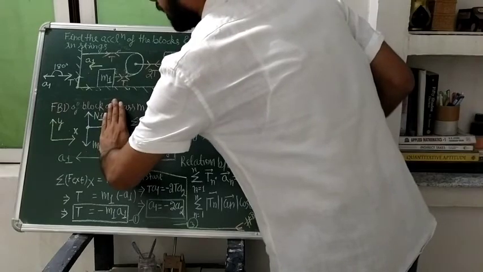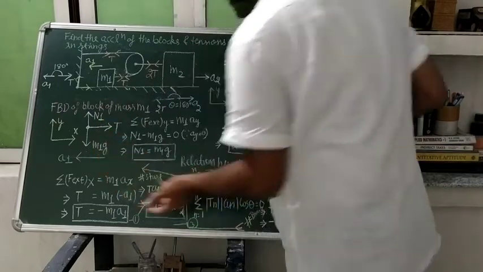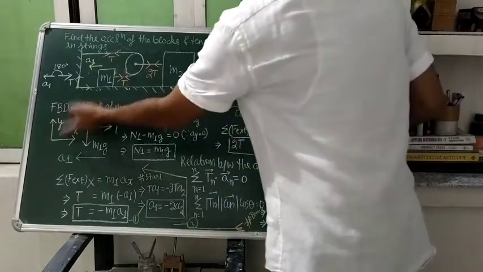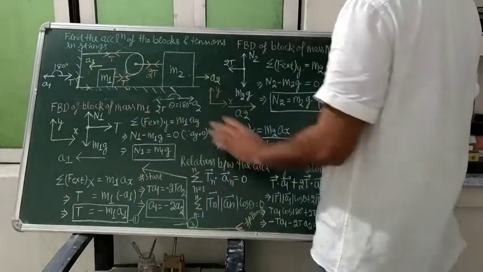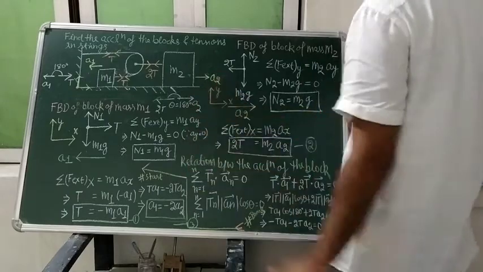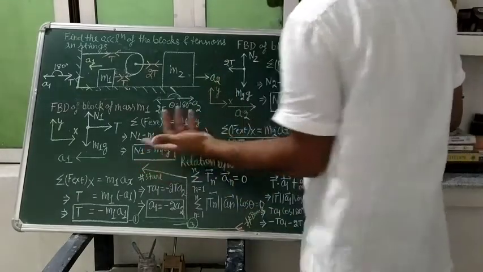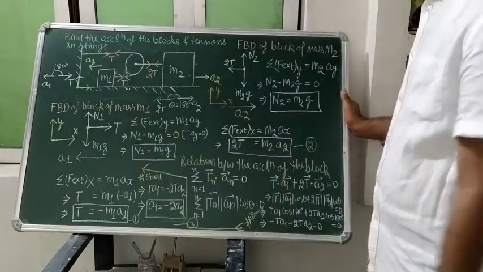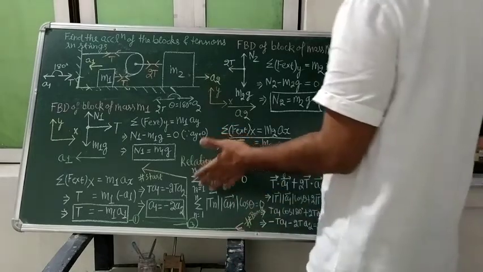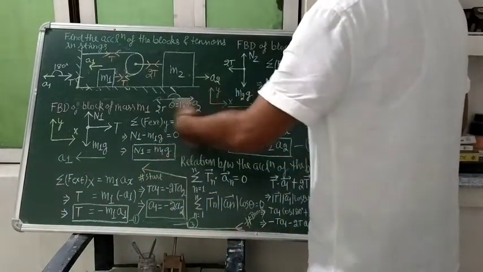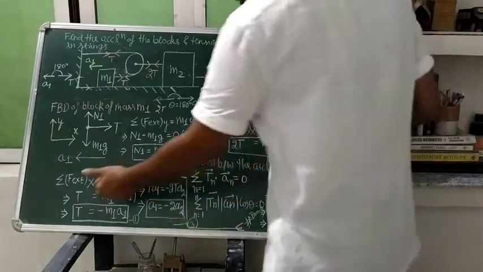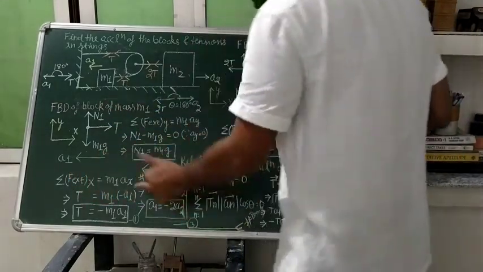The forces acting in the y direction are only N1 and m1g. I have assumed this side as positive, so N1 minus m1g becomes 0, because no acceleration is present in the y direction. So N1 equals m1g. In the same way, applying Newton's second law in the x direction, the external force in the x direction should be equal to what?